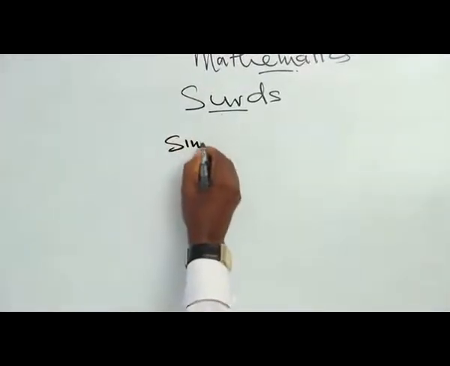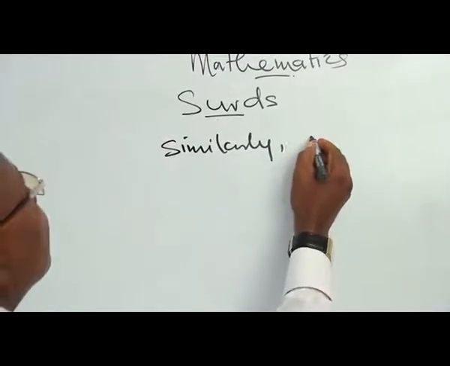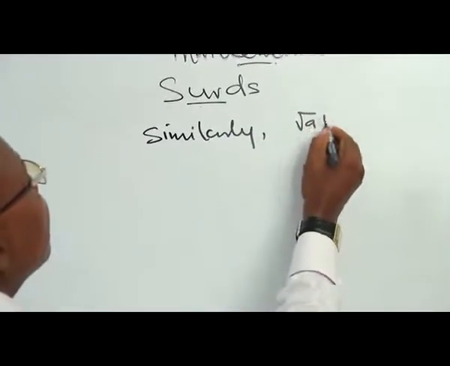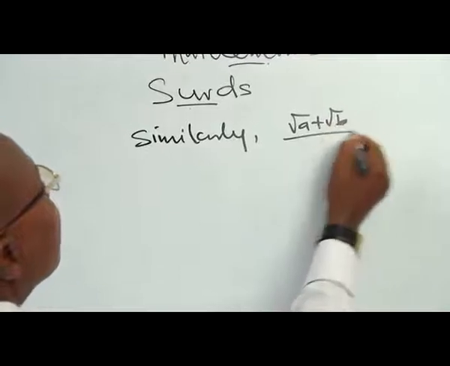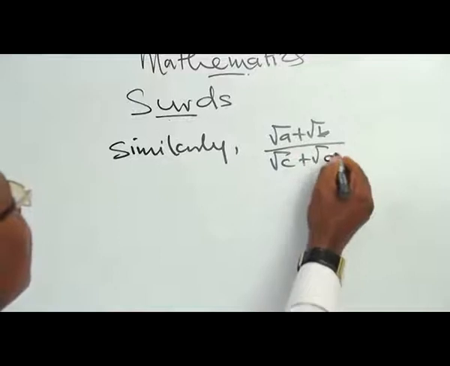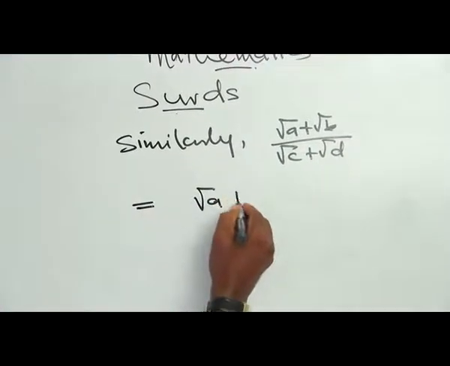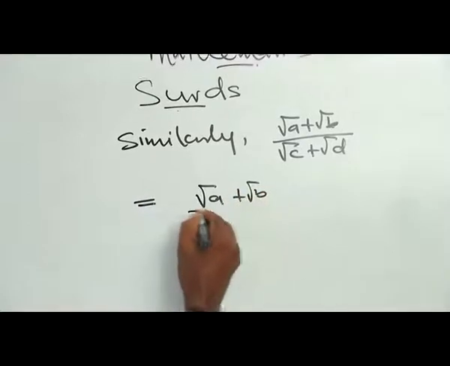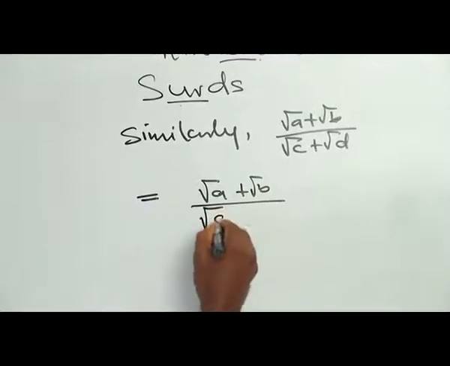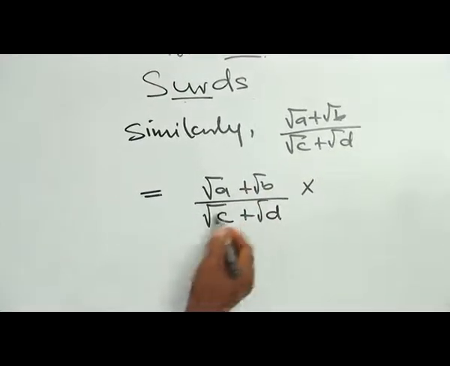Similarly, if you have surd of this type, root A plus root B all over root C plus root D, multiply this by the conjugate of this one.